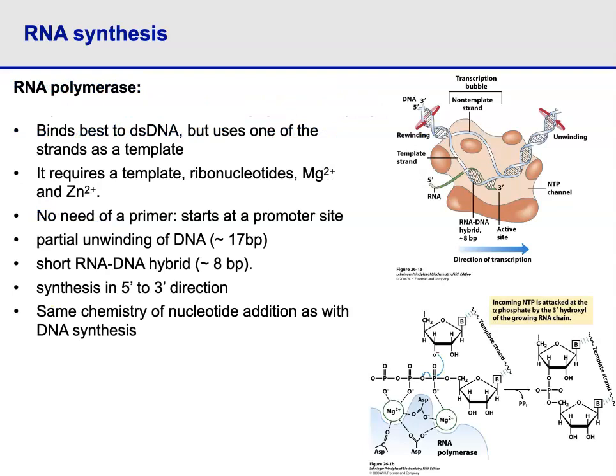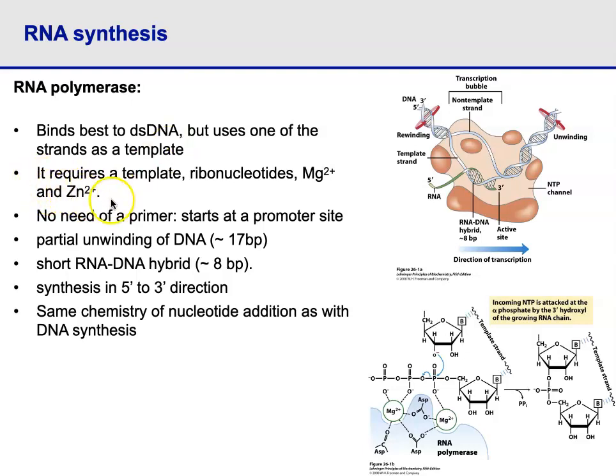All right, so let's now start with the parts required for the transcription process. I will begin with RNA polymerase. It is an enzyme that binds double-stranded DNA, but once it is bound, it uses only one of its strands as a template, and I will expand on that a little bit later.